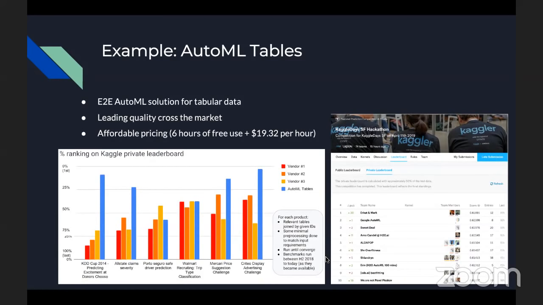And in most of the tasks, it can even reach the top 10% of Kaggle players level, which means it does better than 90% of Kaggle players in the world in this competition. And we want to make sure that it has affordable pricing. For example, the current pricing in Cloud is very affordable.